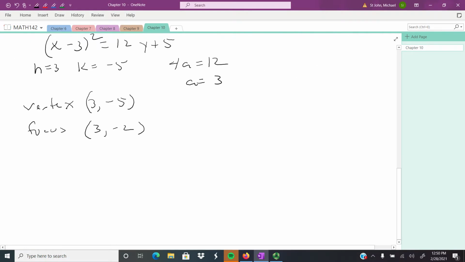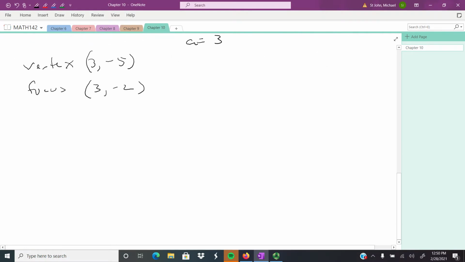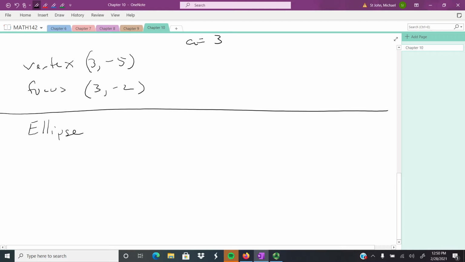Well, then the next one they talk about is an ellipse. It could be in this form, x squared over a squared plus y squared over b squared equals 1, or y squared over a squared plus x squared over b squared equals 1.